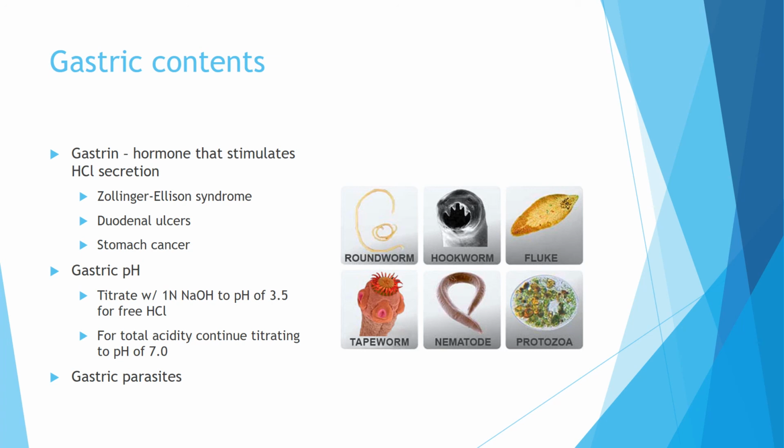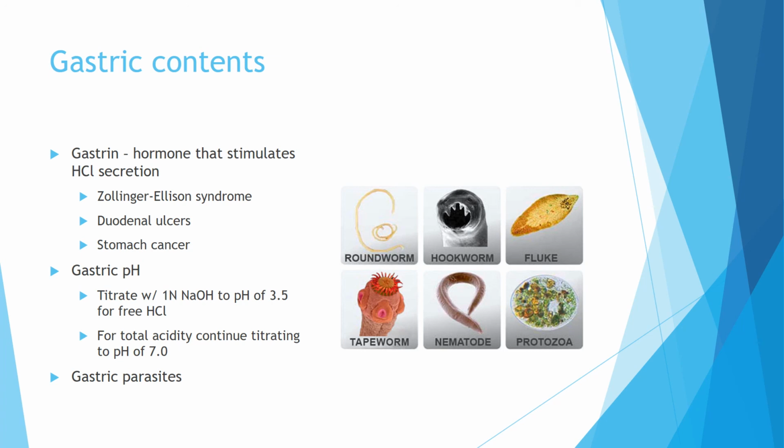And so with all that extra acid, the patient's going to experience some ulcers, not just in the stomach, but also in the duodenum, which can be quite painful. So if we can get a gastric contents sample, we can just do a hydrochloric acid level, and if we have excessive hydrochloric acid levels, that's definitely indicative of a gastrin-secreting tumor.